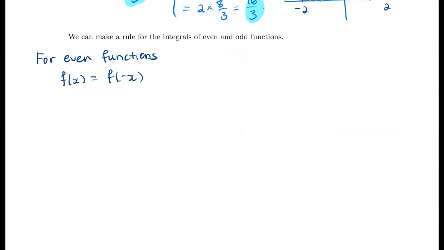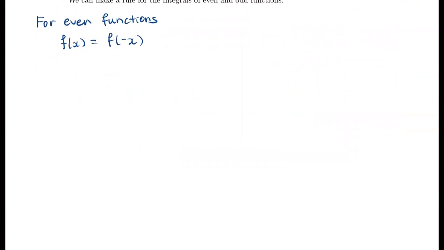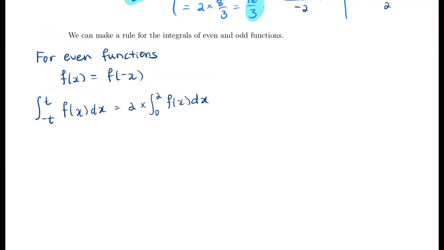So if we have the integral from negative t to t, the interval has to be symmetric about the y-axis in particular, of f of x dx, this is the same as 2 times the integral from 0 to t of f of x dx. So that's for the first rule.